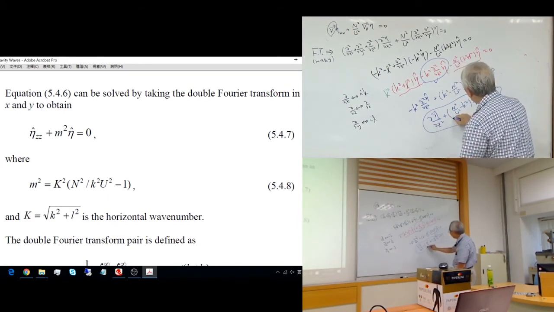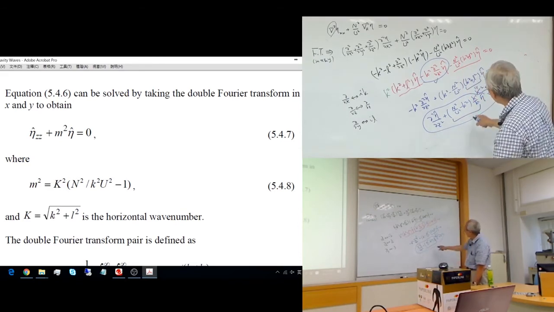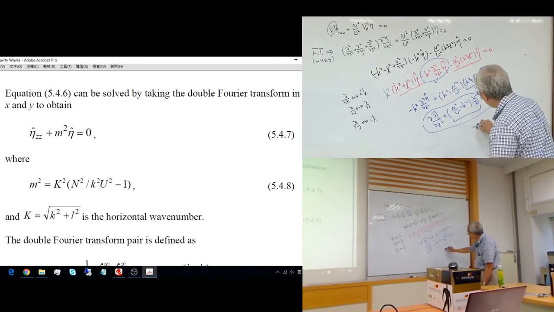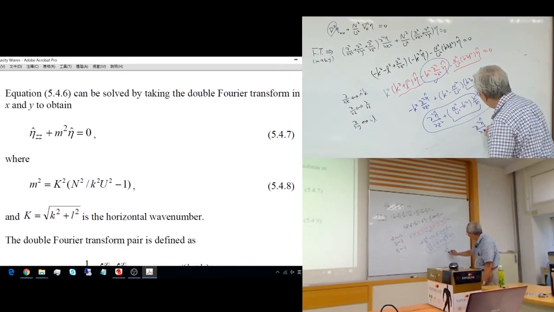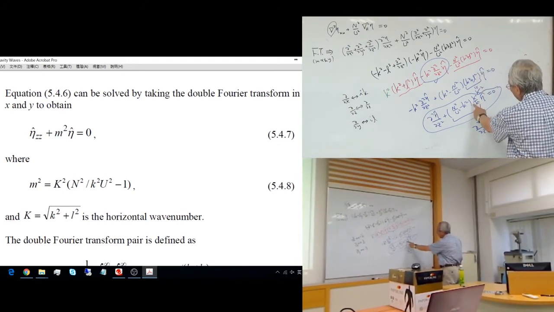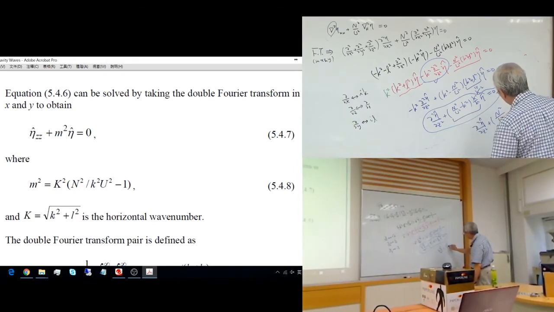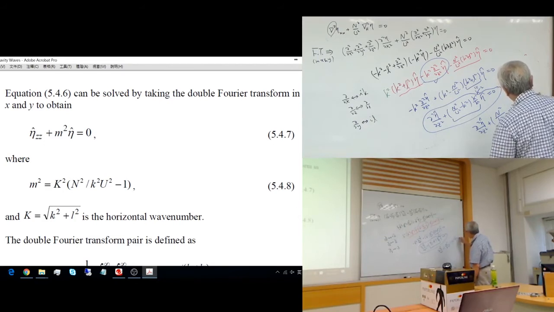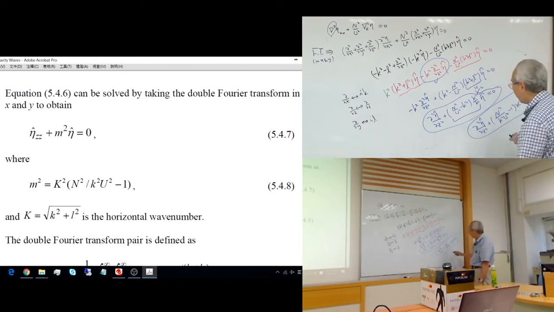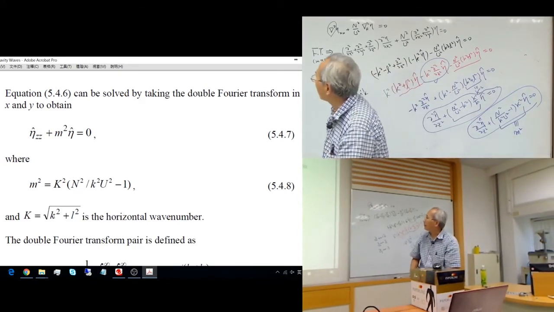Then we can divide this K into there. So then we have N squared divided by K squared U squared minus 1, and then kappa squared, and eta equals 0. We define this as M squared, so that will be consistent with that theory there.